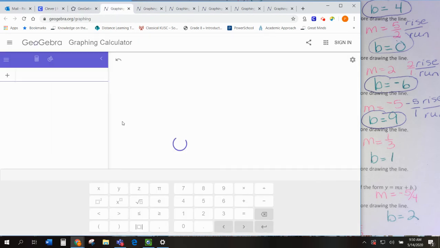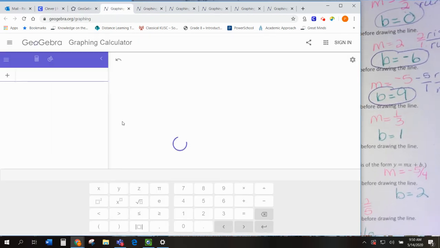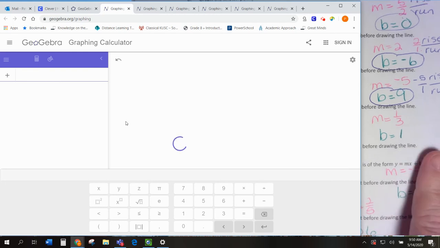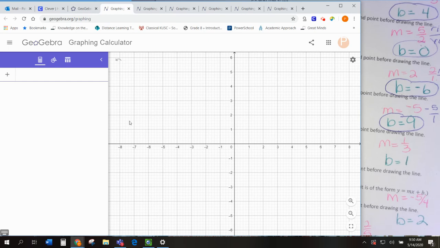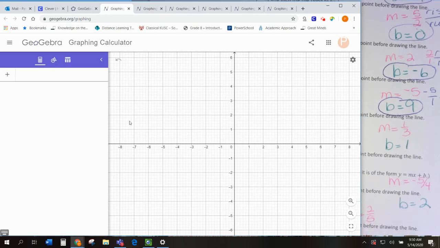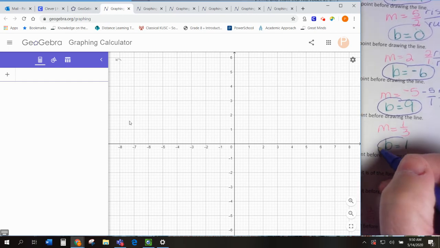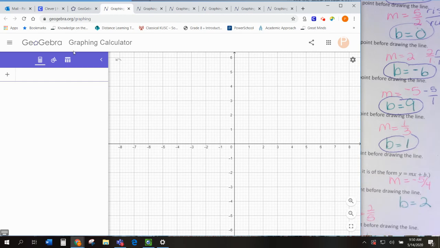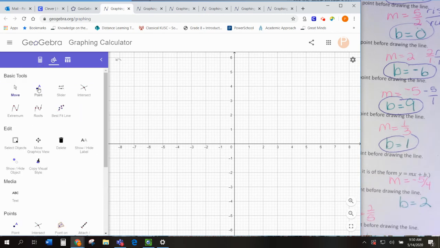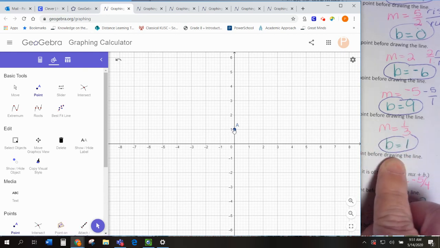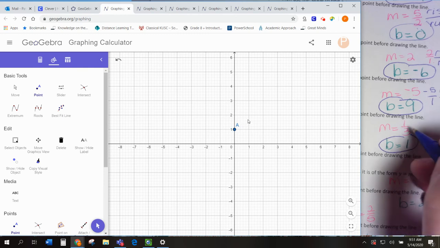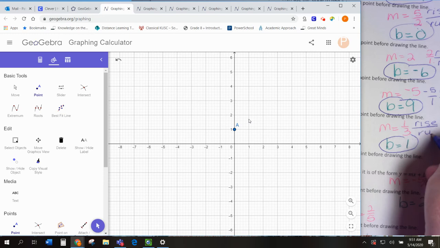Number 7. For number 7, we have a y-intercept of 1. So we are going to put a point at 1 on our y-axis because that's where it crosses. Then we have a slope of 1/3, so our rise is 1 and our run is 3.